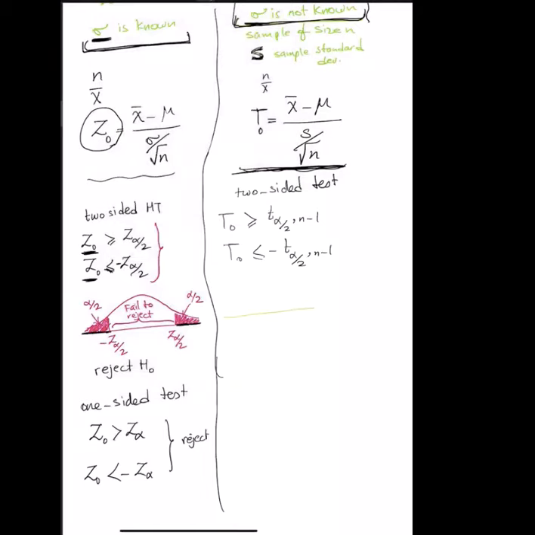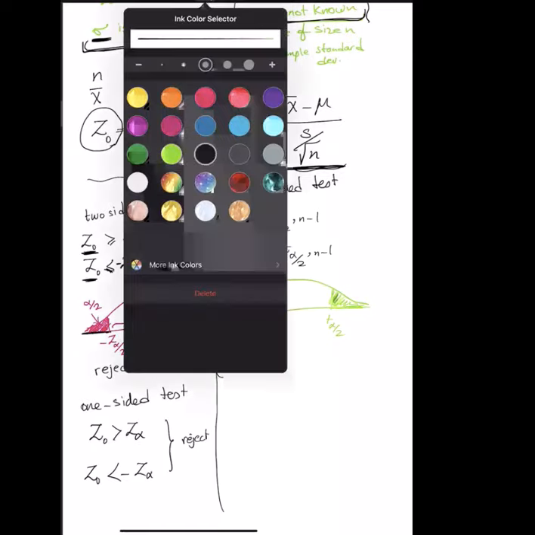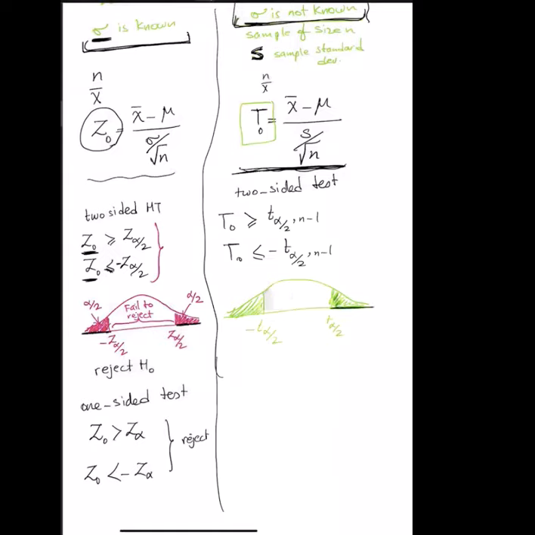The T distribution is also a symmetric distribution. So here is my T of alpha over 2, here is minus T of alpha over 2. If the value of the test statistic that we calculated is somewhere here, greater than T of alpha over 2 or less than minus T of alpha over 2, I reject.